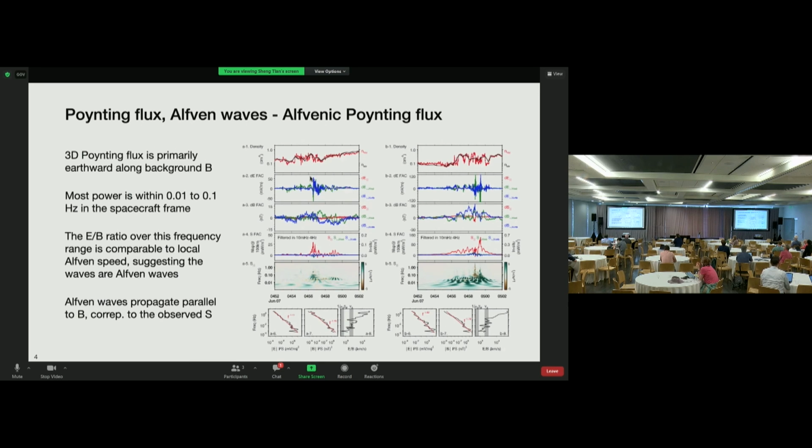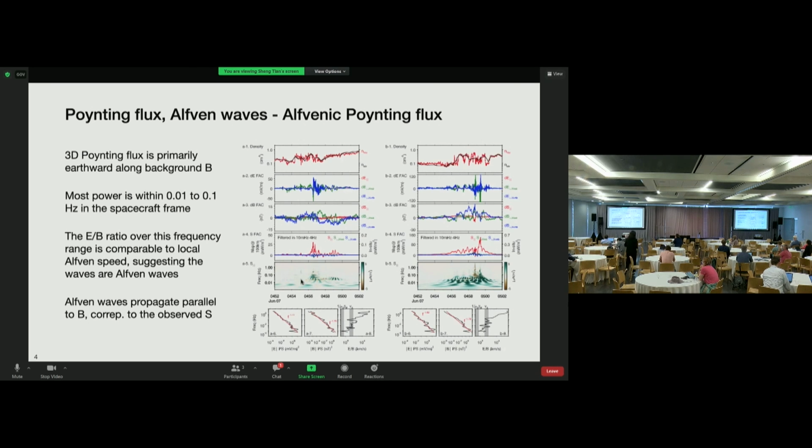We calculate the Poynting flux in the next panel. It's 3D, and you can see that the red component, which is the parallel component, dominates. So basically, we have Poynting flux flowing more or less along the magnetic field down to the ionosphere.